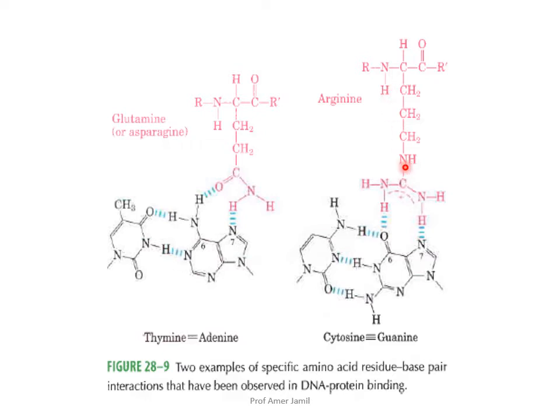However, once again, I want to mention that there is no specific code by which we can determine which protein can bind to which DNA molecule for this purpose of expression and regulation.